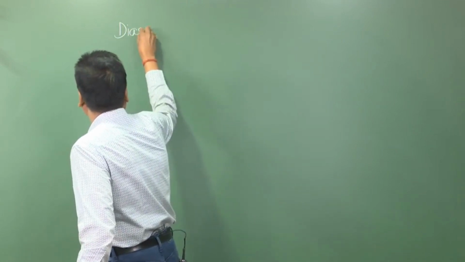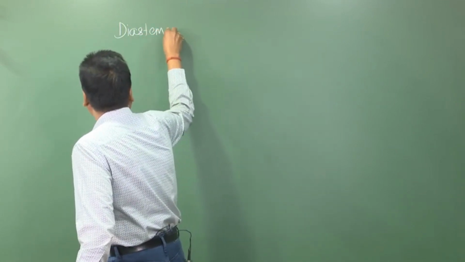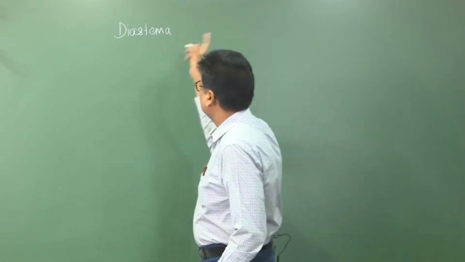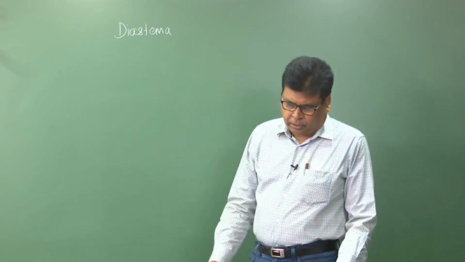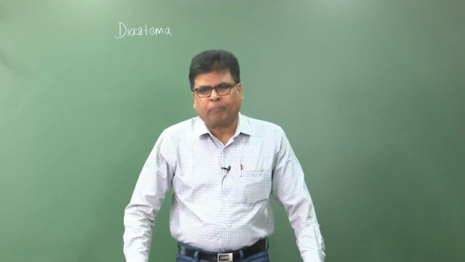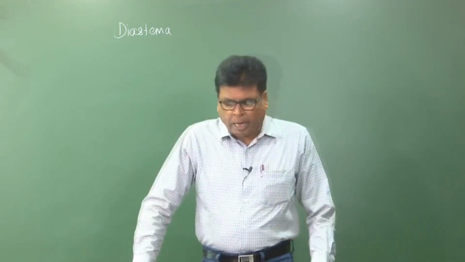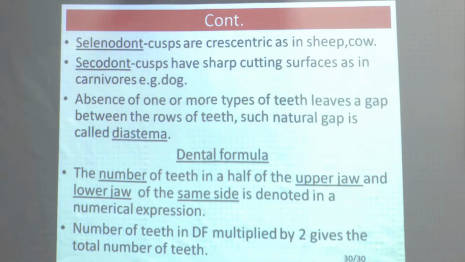This is also a short question: what do you mean by diastema? Diastema is a condition where absence of one or more types of teeth leaves a gap between the rows of teeth. Such a natural gap is called diastema. That means if a jaw is lacking a particular tooth or teeth, that condition is known as diastema.